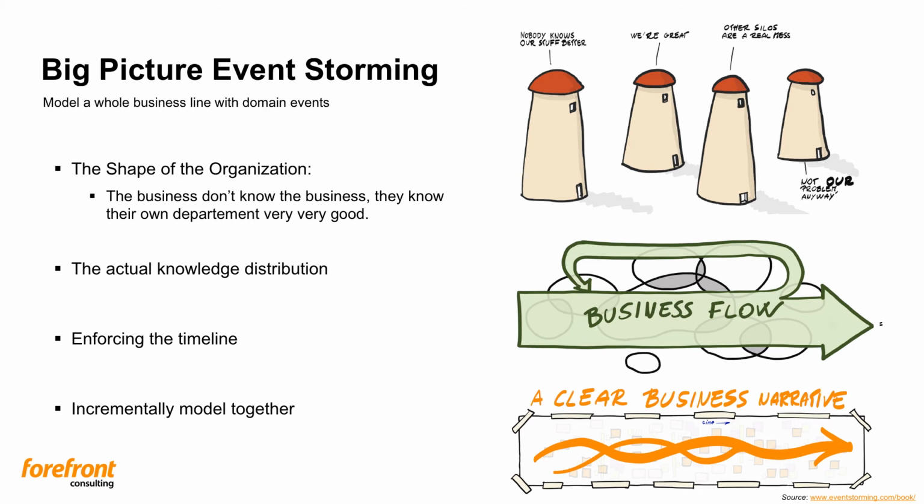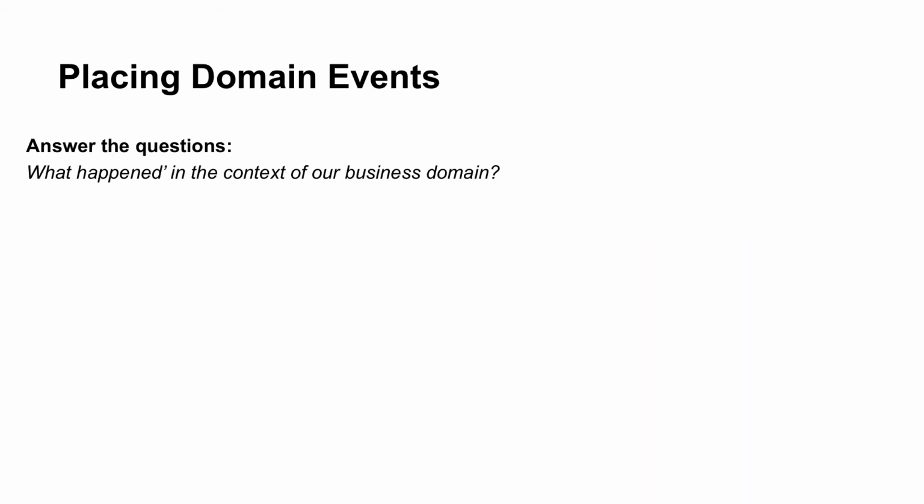Once you're done, you will have the story of the business, the complete story of everything that's important, and you will have worked on it together and incrementally. That's really powerful as a result, that you can see, okay, we created this, and this is actually it. Usually there will be a lot of aha moments for everyone participating, and you can also address the conflicting areas.